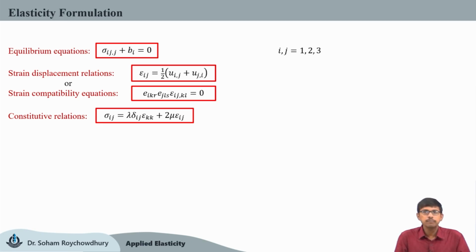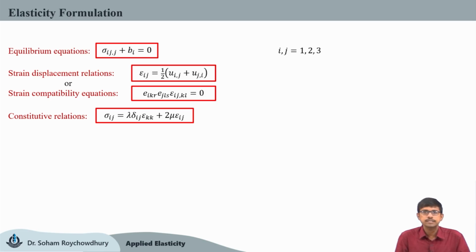Now, based on the boundary conditions which are required to solve the equilibrium equations, because equilibrium equations are differential equations, we must have some boundary conditions for solving them. Depending on whether the boundary conditions are prescribed on the displacement or on the tractions or stresses, they are classified into two categories.